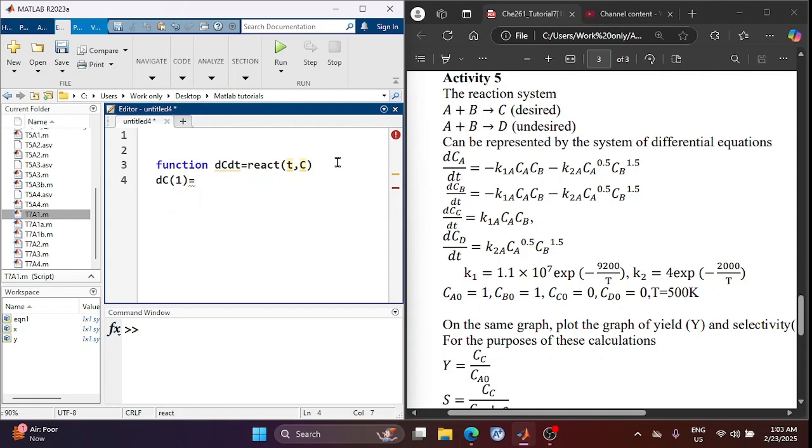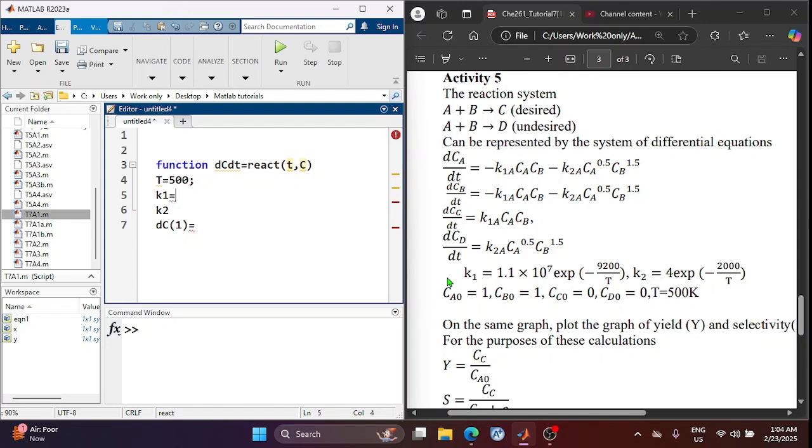But before I can do this, I have to express K1 and K2. So let me come down here and get an expression for K1 and then for K2. And before I can do K1 and K2, I also need to get T, because K1 and K2 depend on T. So I'll put T is equal to 500 first, and then the expression for K1.